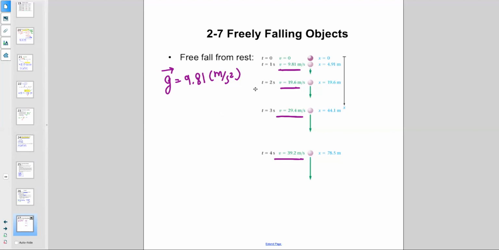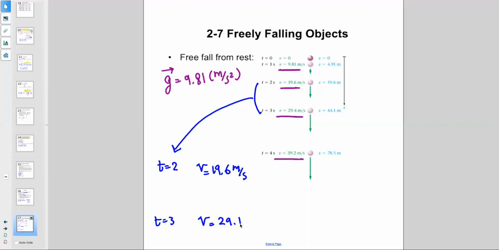So in other words, to be clear here, let's take a closer look at this. At t equals 2, the speed is 19.6 meters per second. At t equals 3, the speed is 29.4 meters per second.